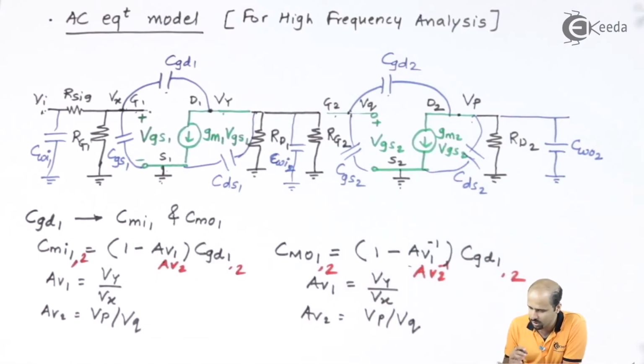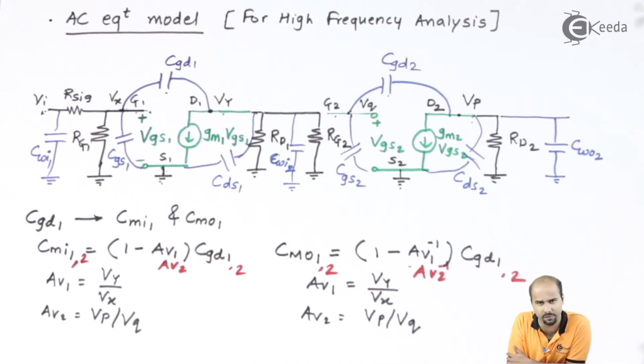Now let's come to the conclusion of how many RC circuits we will get. We will get 3 RC circuits, through which we will get 3 high cutoff frequencies. The first RC circuit we get at the input side of stage 1.